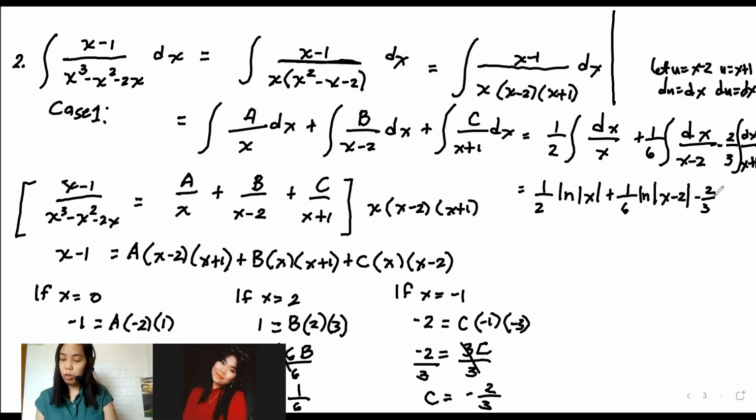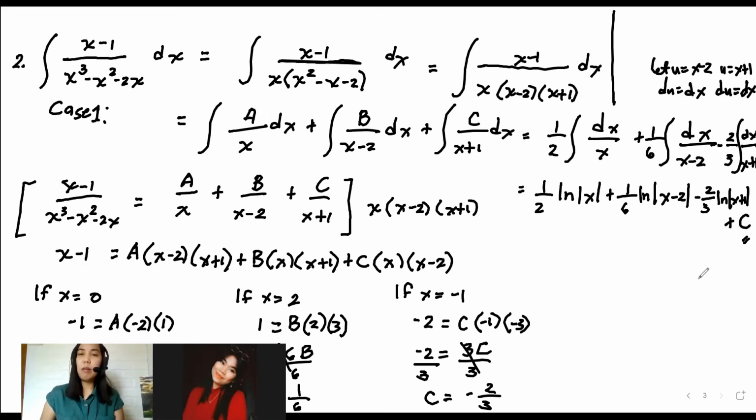So negative 2/3 ln, our u is x plus 1, plus C. That is the answer. Pwede yan class magkabali-baliktad ha. For example, 1/2 ln x minus 2/3 ln absolute value of x plus 1 plus 1/6 ln x minus 2. Depende kung paano nyo sinulat din kasi itong factors, yung pagkasunod-sunod.